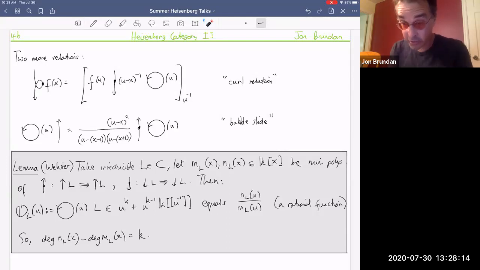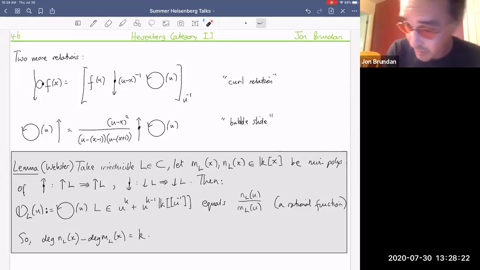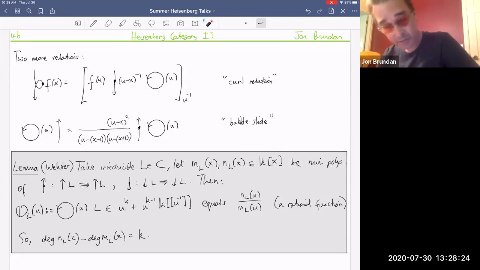But once you go to this Heisenberg category with central charge k, you realize that the two curls are just the same. In fact, when you write the curl relations in terms of generating functions with dots on, they become the same. Does that answer your question enough? So there's no asymmetry here. Maybe Michael was just showing you a glimpse of a special case.